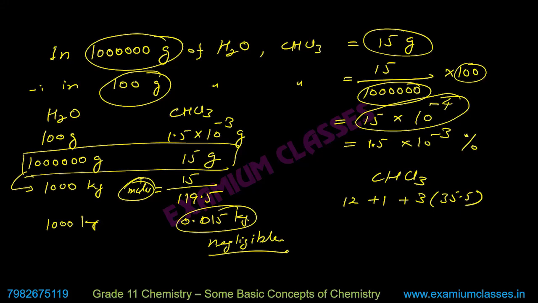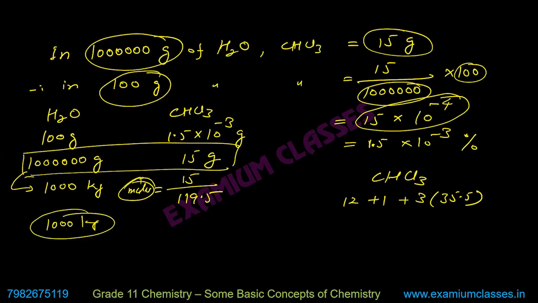Even with respect to 100 gram, it is negligible. So whatever is the mass of solution, that is approximately equal to mass of solvent. That's why I am using this.